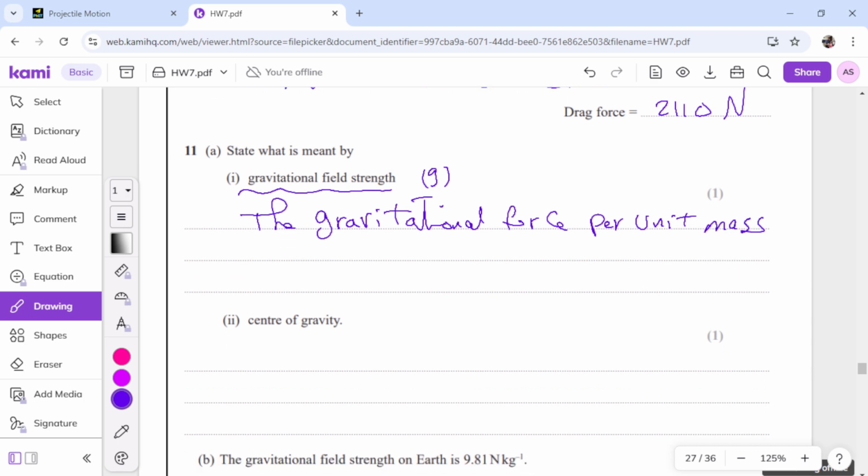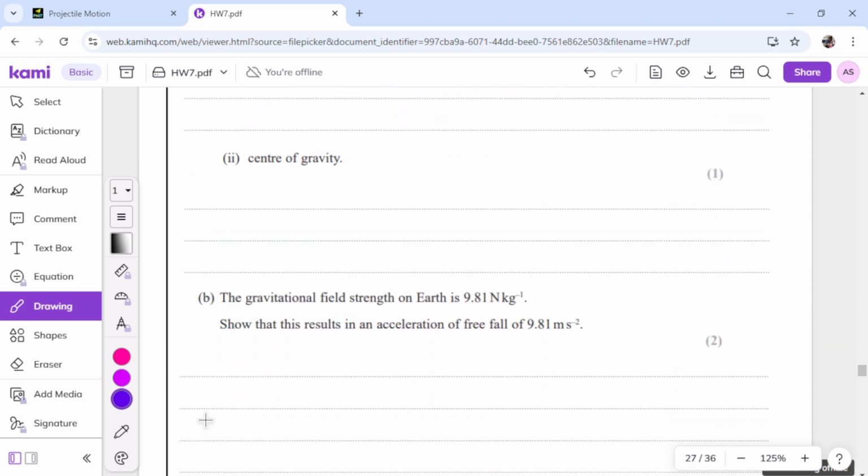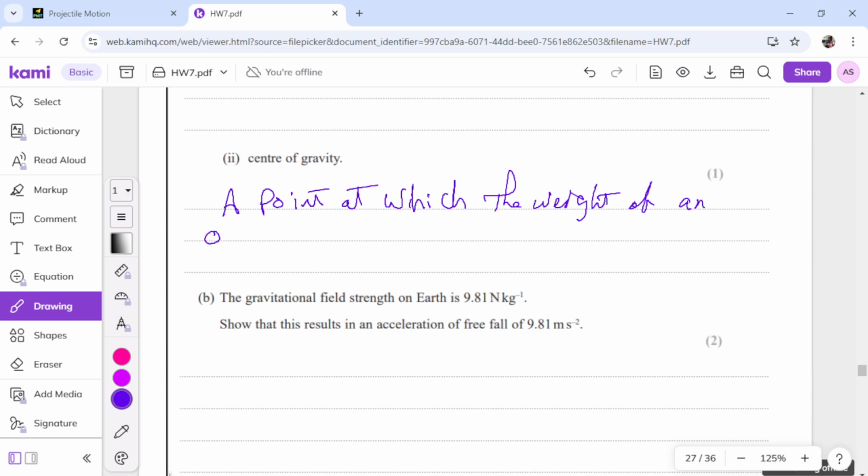Also he asked for the definition of center of gravity: a point at which the weight of an object is considered to act.